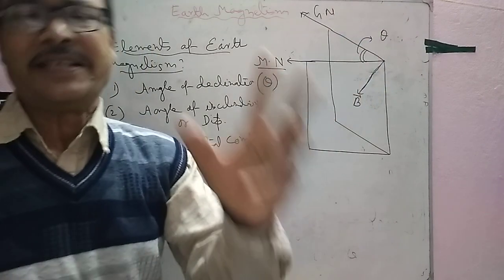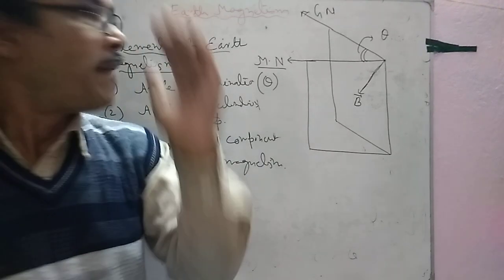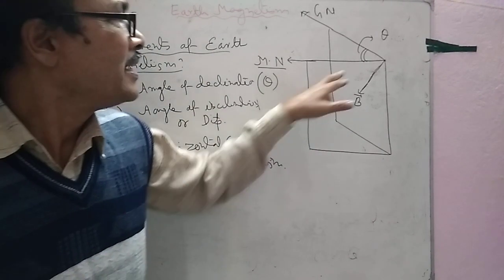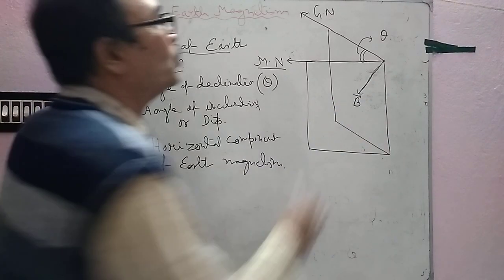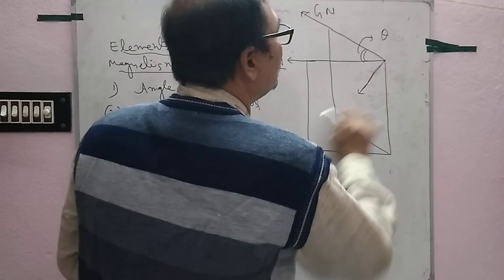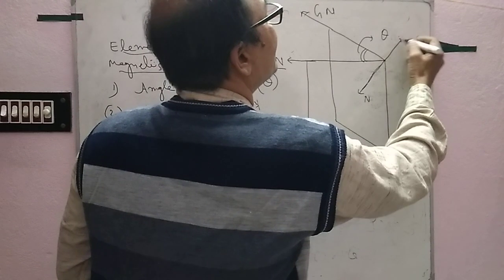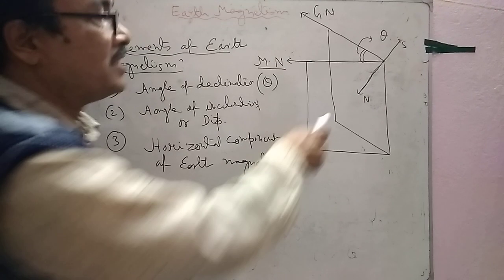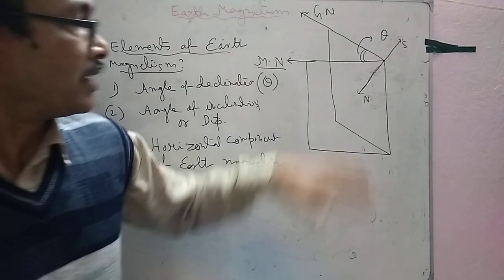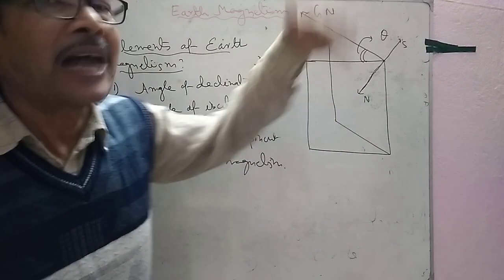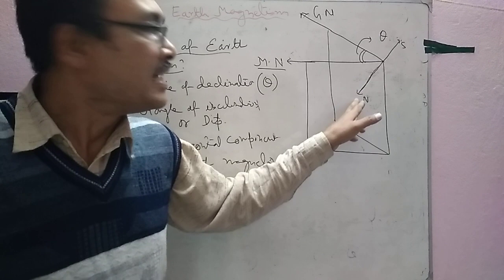If we suspend a bar magnet from its center of gravity at magnetic meridian at any place, then this is the north pole of that magnet and this is the south pole. If this is north polarity in the northern hemisphere, in the southern hemisphere the south pole will be in this direction.